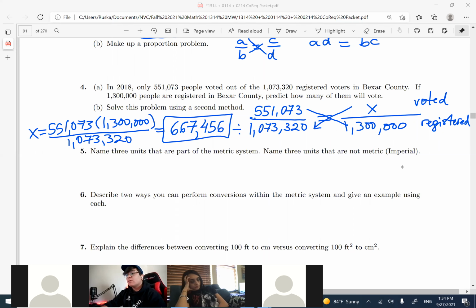If you solve an equation, then you're going to round to 457. But because we are working with word problems, you have less than a person. You don't have enough to complete a whole person. Make sense?